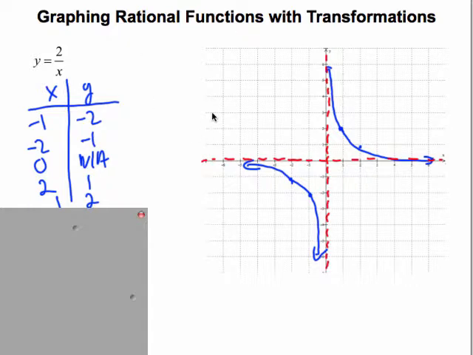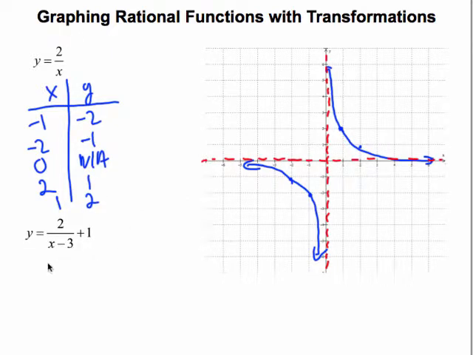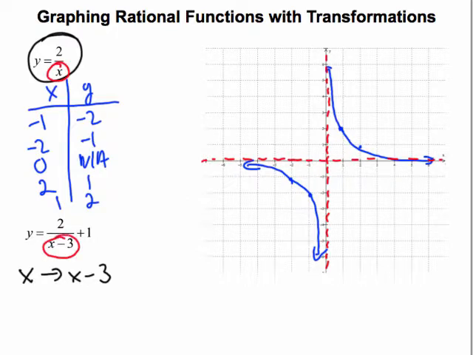Now, what I'm going to do is use this basic graph to graph this more complex function. And you'll notice that all I've done to go from this function to this one is that I've replaced x with x minus 3, and I've replaced y with y minus 1, and moved the 1 over to the other side.